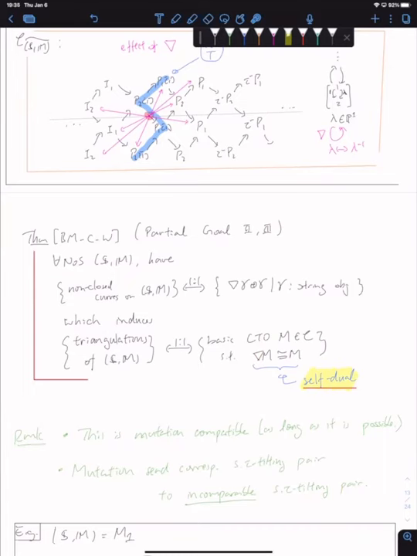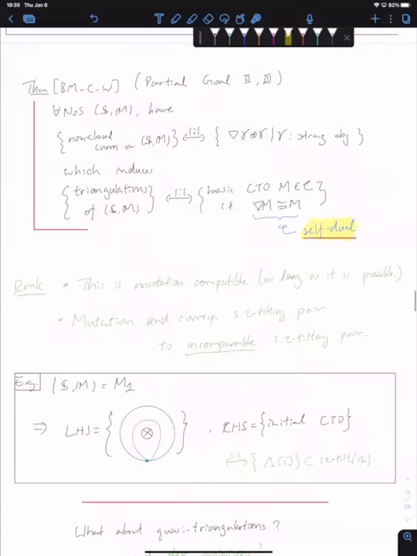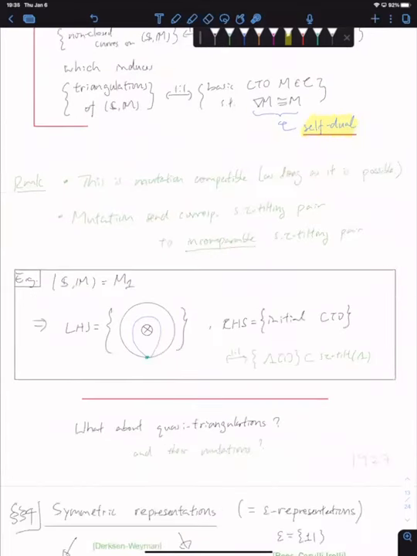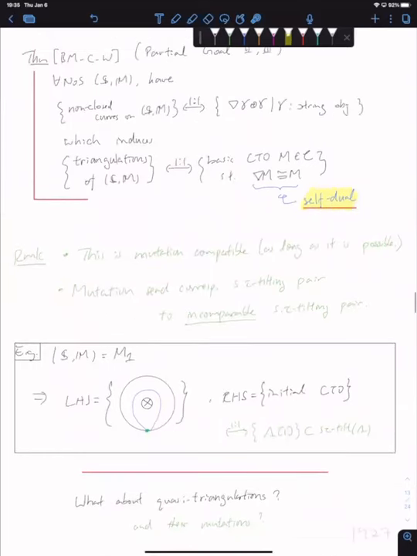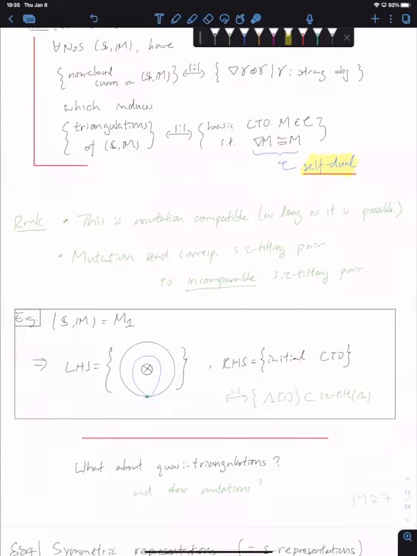There's some story about mutation that I'll not talk about for time constraint. So the very basic case, which is kind of so trivial, is the Kronecker case. There is only one triangulation on the Mobius strip with one mark point, and it just corresponds to the initial cluster tilting object, right? So what about quasi-triangulations?